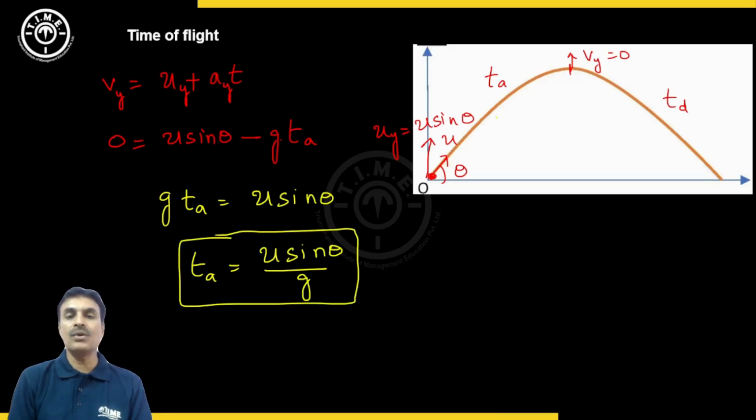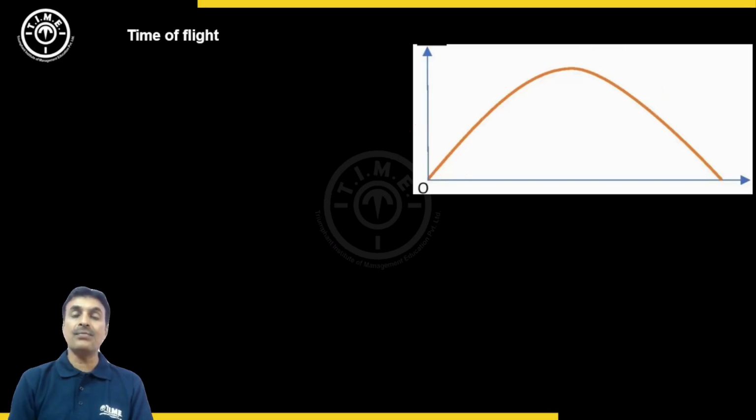That means from the ground to the maximum height. Again, from the maximum height to the ground, it takes the same time. That is called time of descent. So time of ascent is equal to time of descent in this case. Then what is the time of flight?